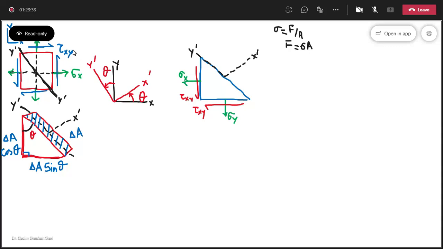So sigma x into delta A cos theta. This will be delta A cos theta.